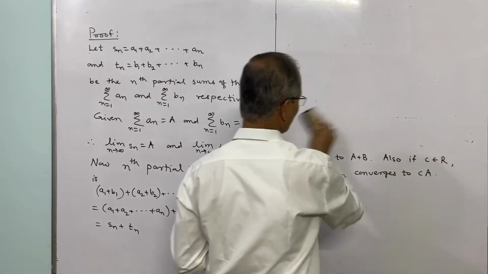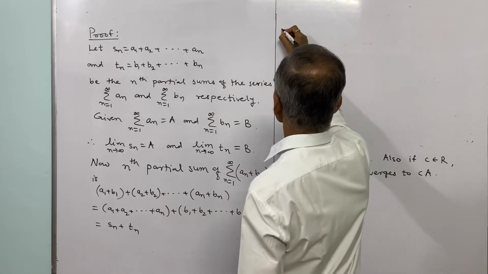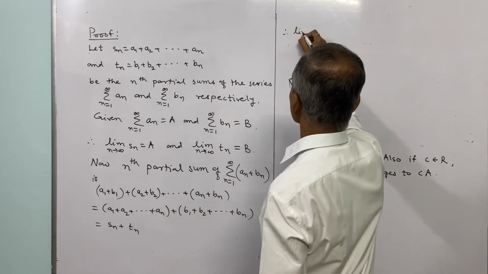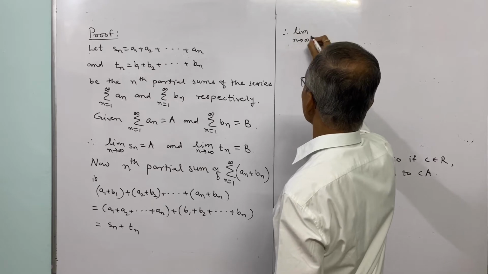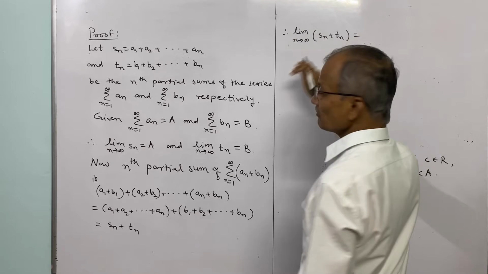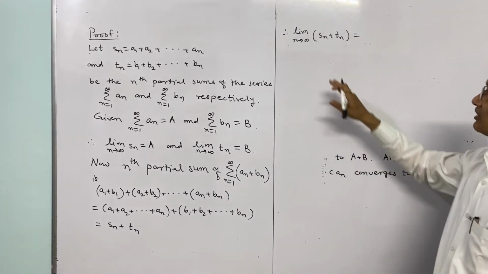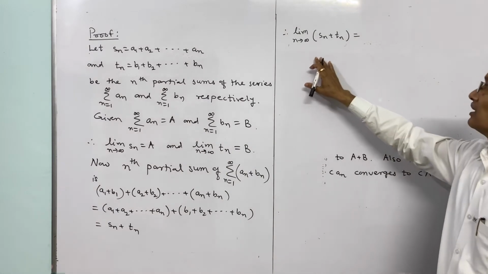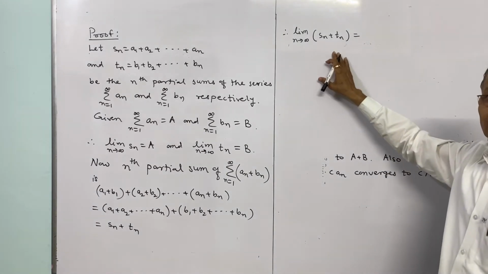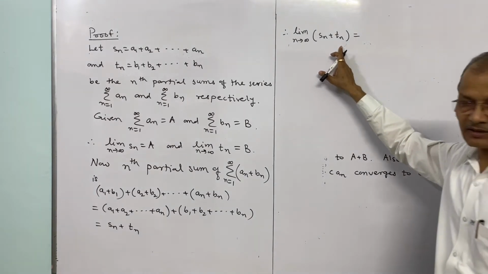Therefore, the limit as n tends to infinity of Sn plus Tn. Here we shall use the result from sequences, proved in the chapter on sequences, that the limit of a sum of convergent sequences is equal to the limit of the first sequence plus the limit of the second sequence.